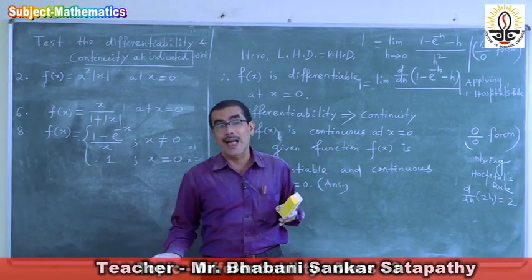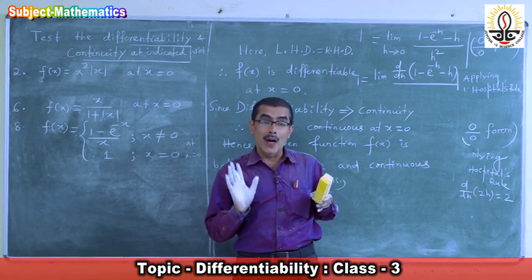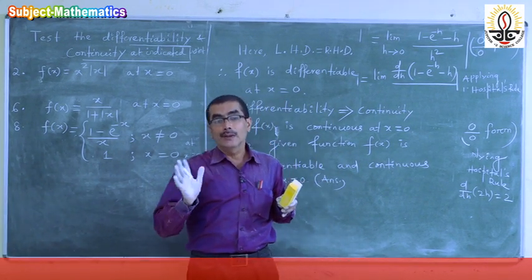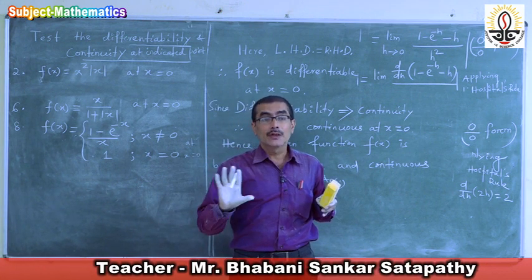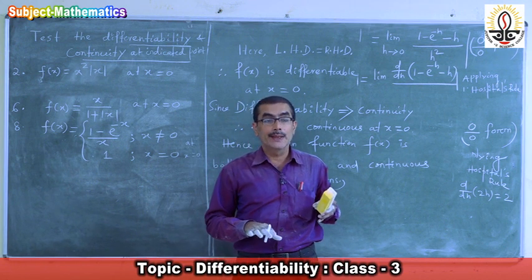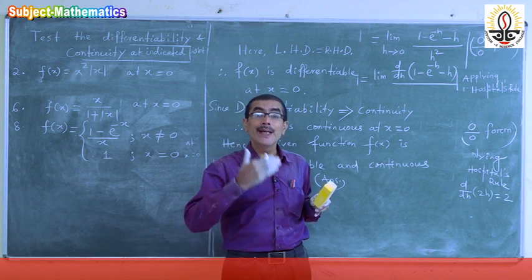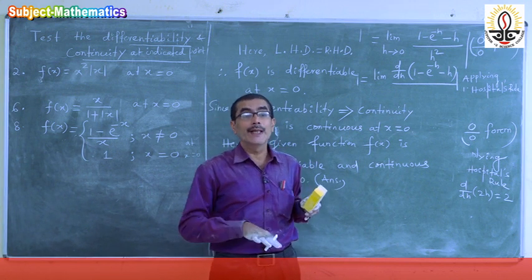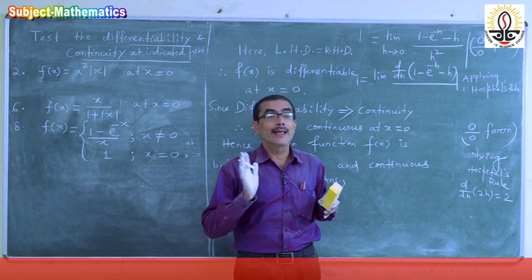In my next class, first of all I will solve one question from that exercise 7K, question number 4. After that I will move to how to find the derivative using the ab initio method, or using the definition.